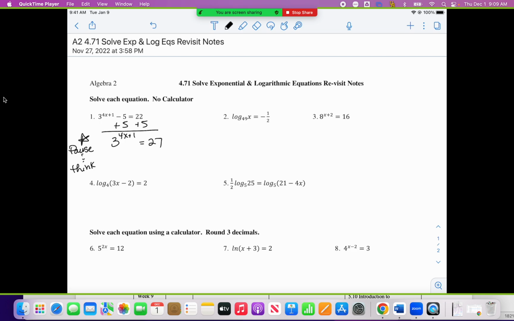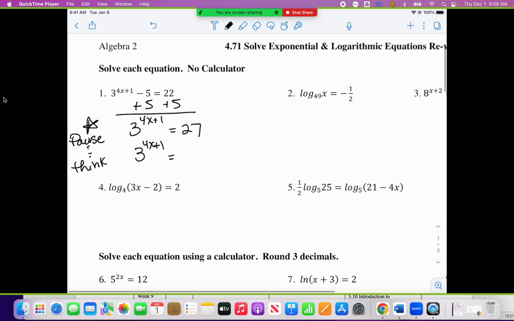Yes. Brendan, what would I rewrite 27 as? Well, that's 3 to what power? Yeah, 3 to the third, right? So then, now the bases are the same.